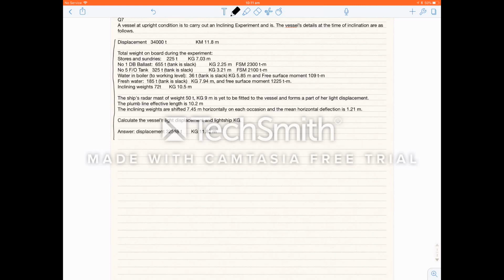So it's very important that we are referring to the time of inclination. Now I'll be repeating this phrase over and over: at the time of inclination. At the time of inclination, this is the set of information that we have for the ship.